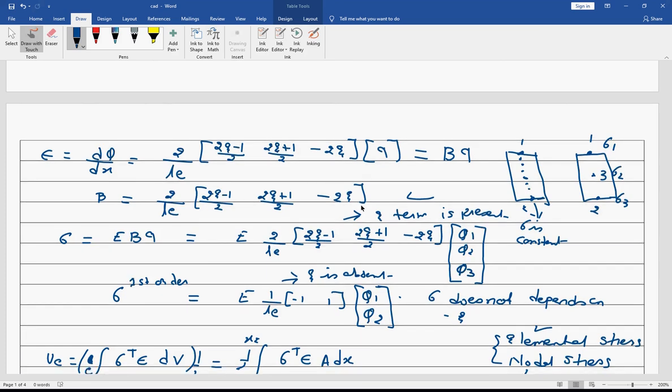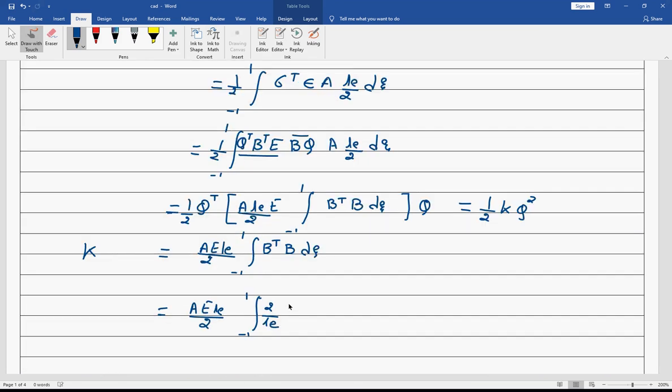So again I write 2 by Le, that is 2 xi minus 1, and then 2 xi plus 1 minus 2 xi.